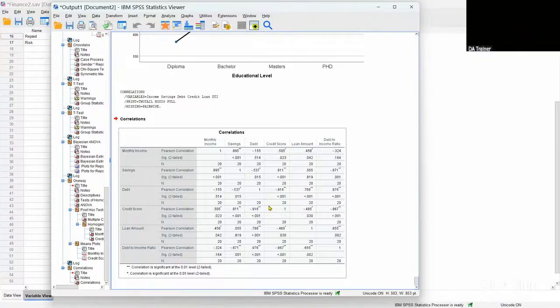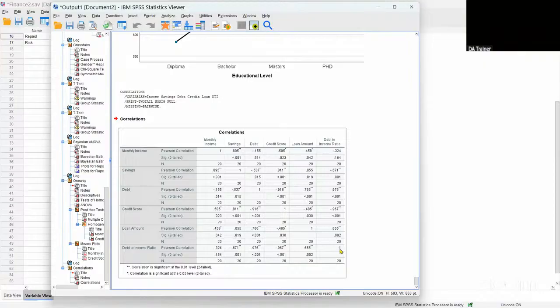To correlate between self is 1. Monthly income correlating by itself will give us 1. Anything correlating with itself will have 1. That's why you have 1, 1, 1, 1, 1 all through. That means at that 1, the correlation was between the same variable.